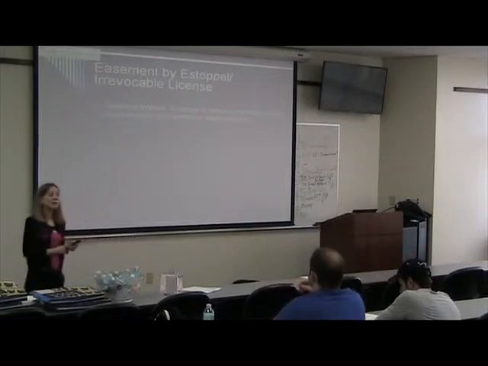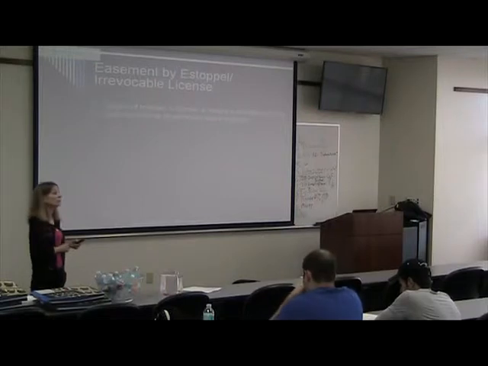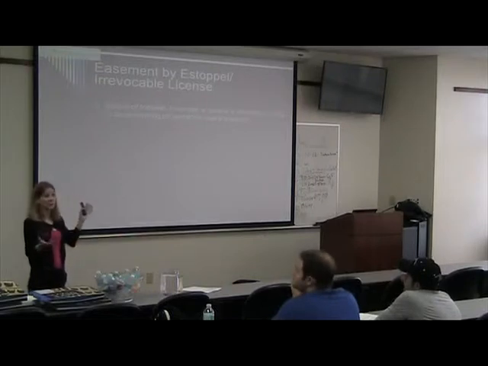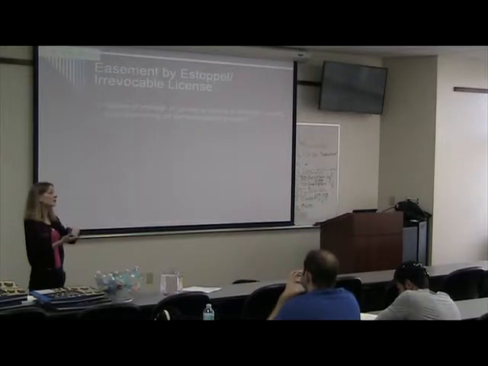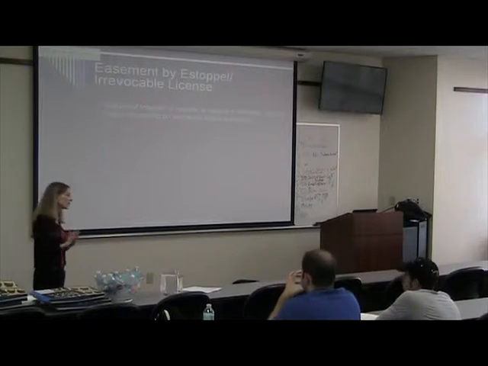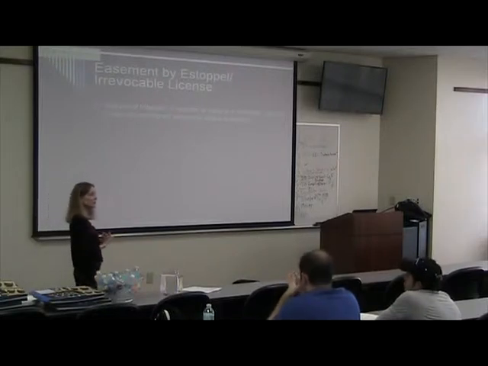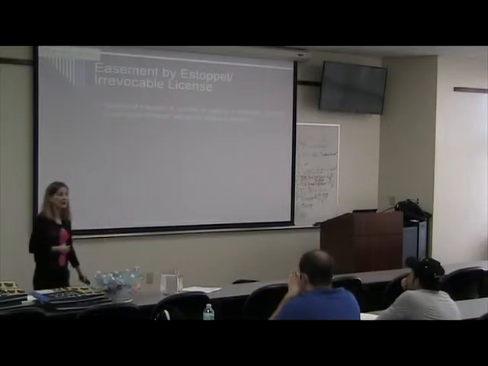But even if it was initially permissive, if they relied to their detriment, then that license becomes irrevocable. And that irrevocable license is virtually identical to an easement, and so it's called an easement by estoppel.